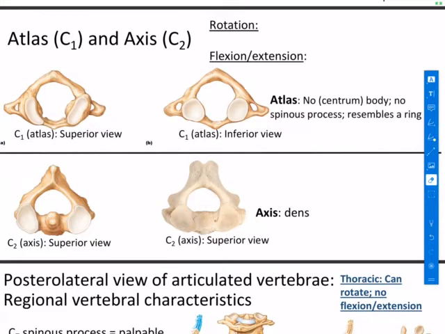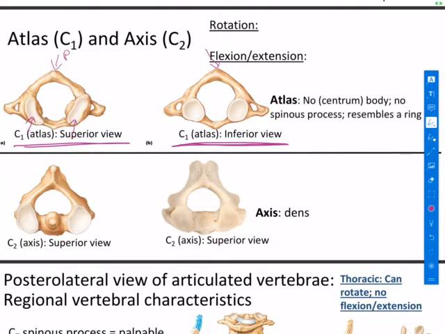And the posterior part of this vertebra is right here. This is the posterior. Now, notice that the view on the right is an inferior view, so we're looking at it from below, and this is a superior view. We have facets here.